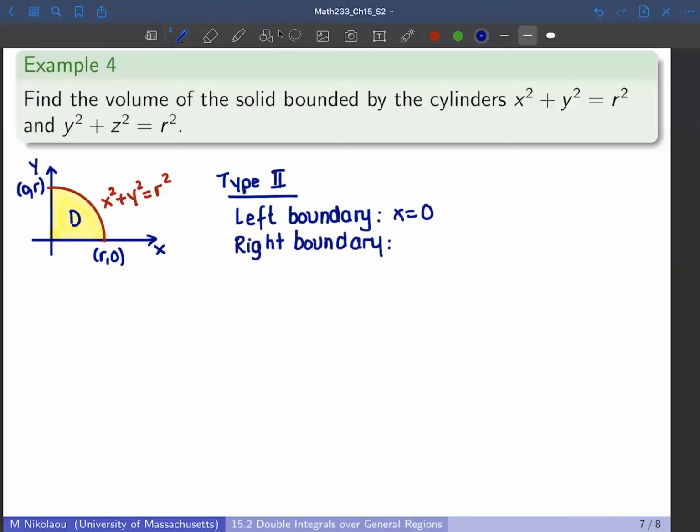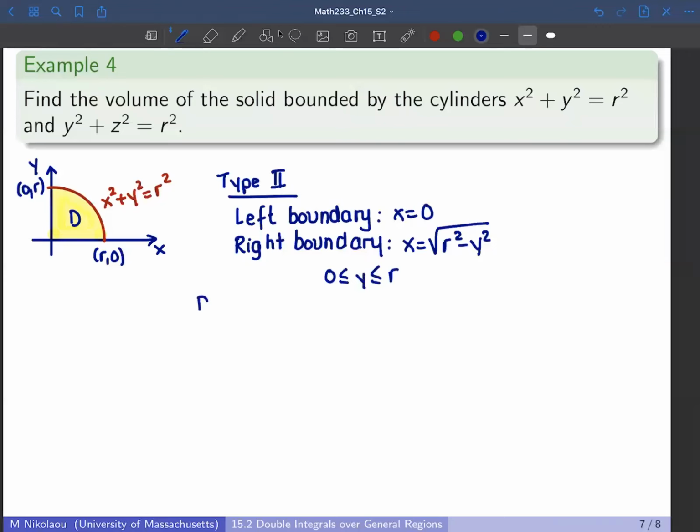So if we solve x squared plus y squared equals r squared, we'll get that x equals the square root of r squared minus y squared. So x is always positive, so we only take the positive root. Also, on the first octant, we have that y is between 0 and r, with 0 and r included.